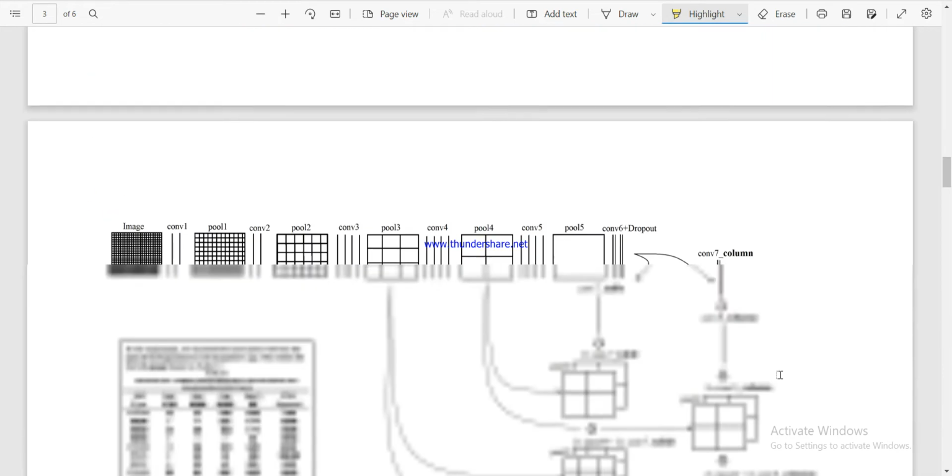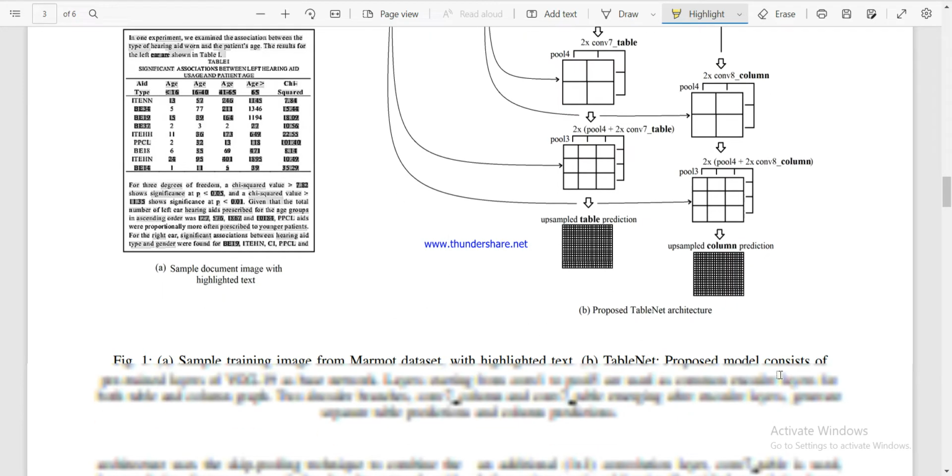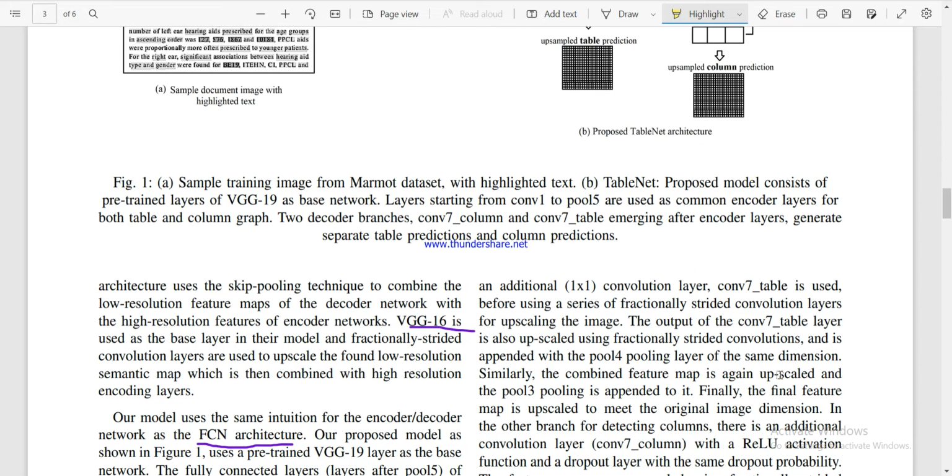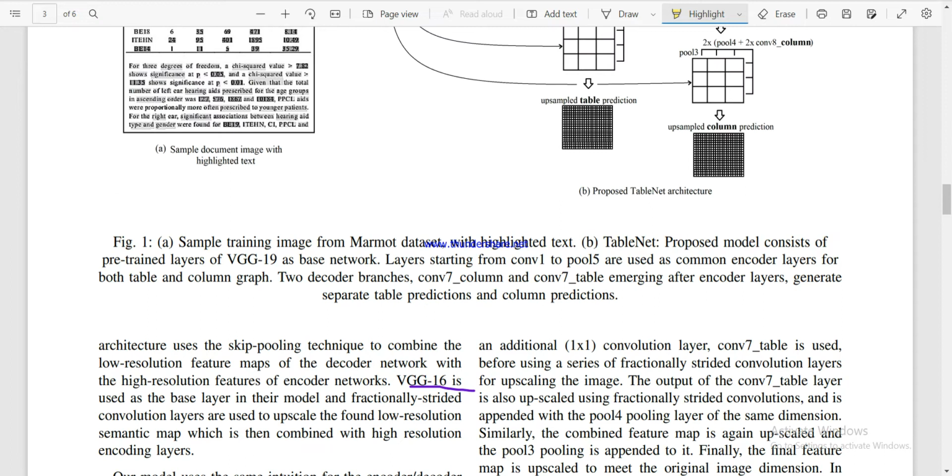Here, the FCN architecture uses the skip pooling technique to combine the low resolution feature map of the decoder network with the high resolution features of the encoder network.